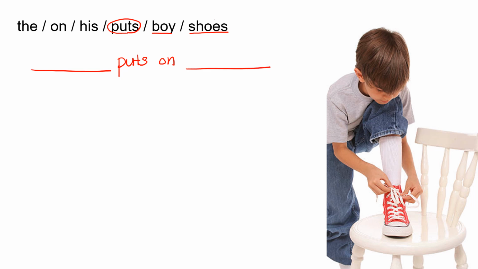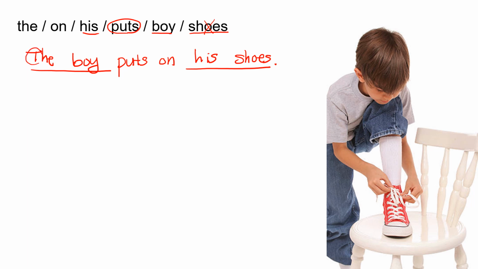So shoes cannot put on something. So shoes is here, and then boy. Boy puts on something. And then we have his shoes. The boy puts on his shoes, and period.